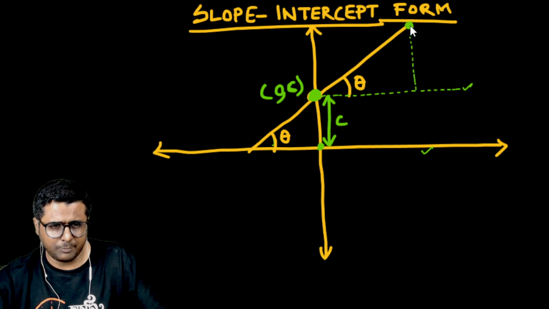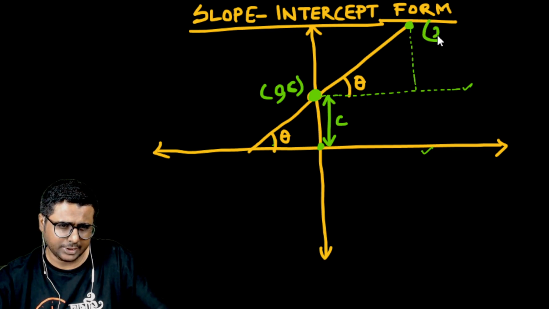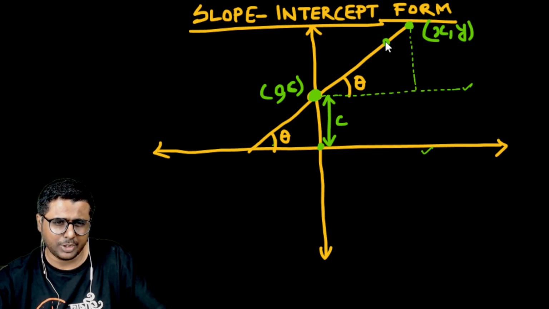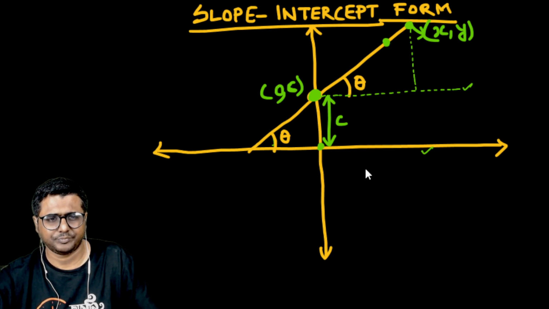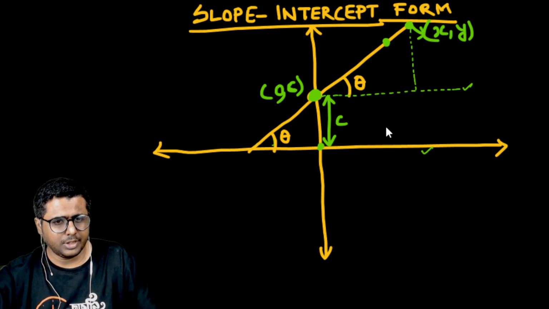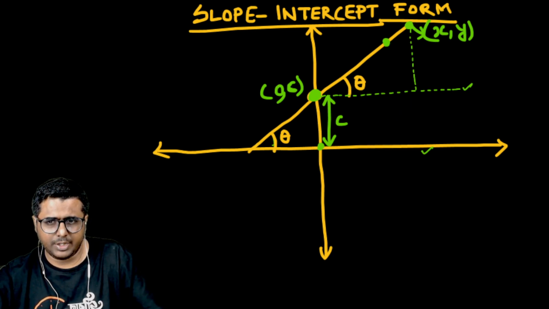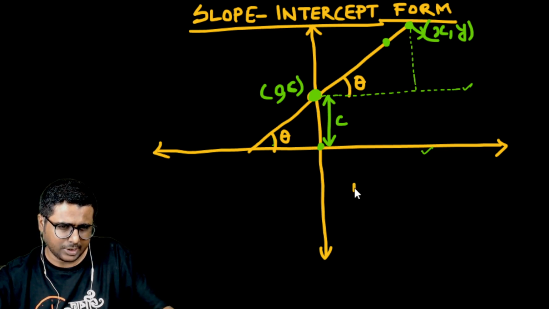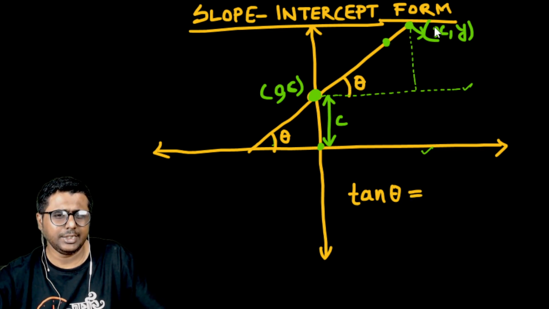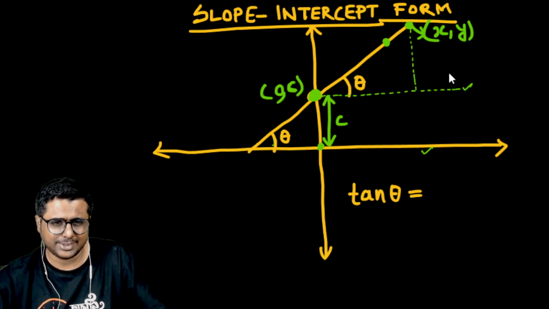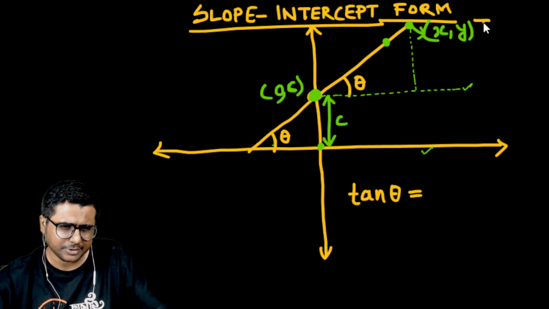Now this is my point P, and let us consider this as x, y. This point is changing, it may be this point also, this point also, this one I am taking as x, y. Now if I want to calculate tan theta, tan theta is what? Slope. We know tan theta is basically height by base. Now what is this height? Let us understand.